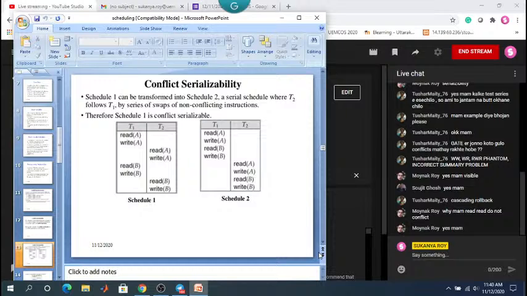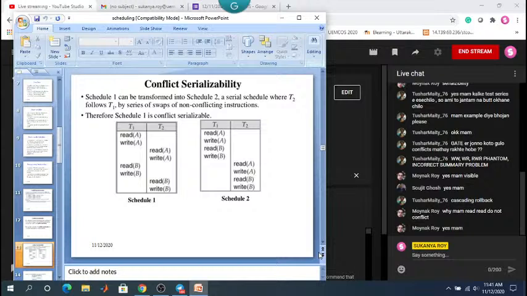See schedule 1 and schedule 2. Schedule 1 can be transformed to schedule 2. Schedule 1 is the original, which is conflicting: say T1 reads and writes A, and T2 reads A at the same time. Then it can conflict.